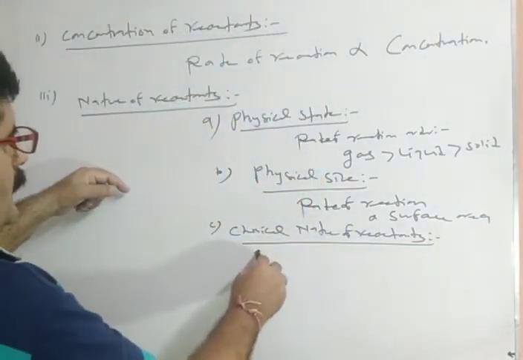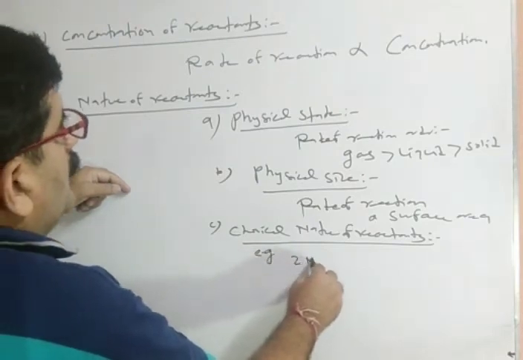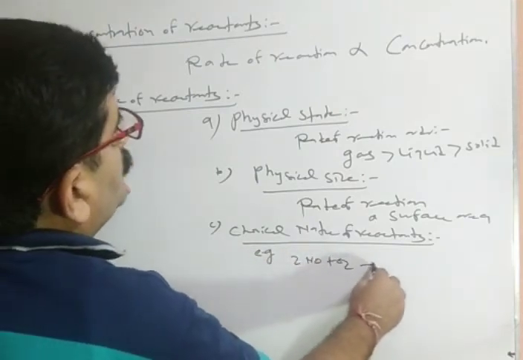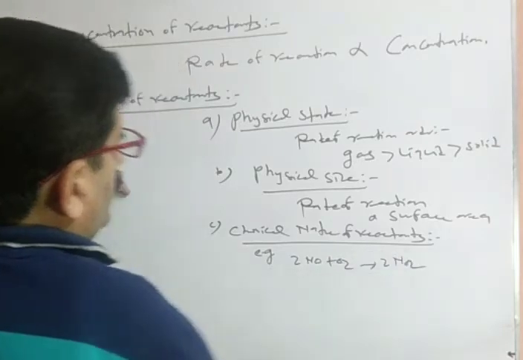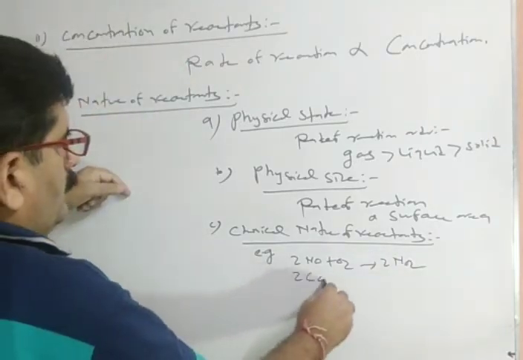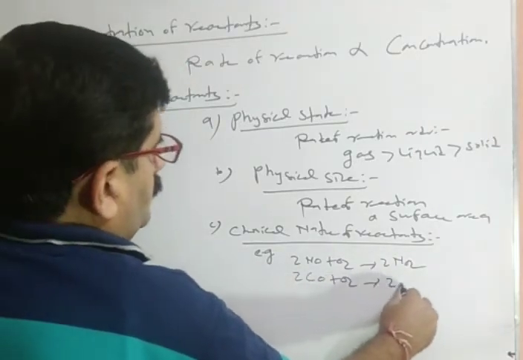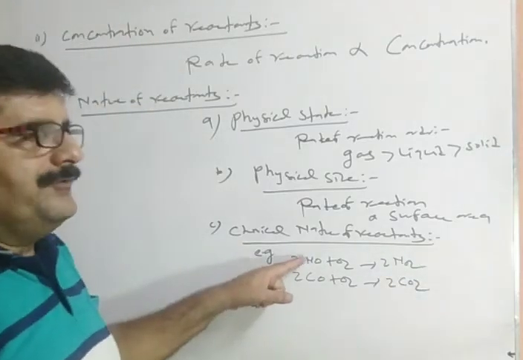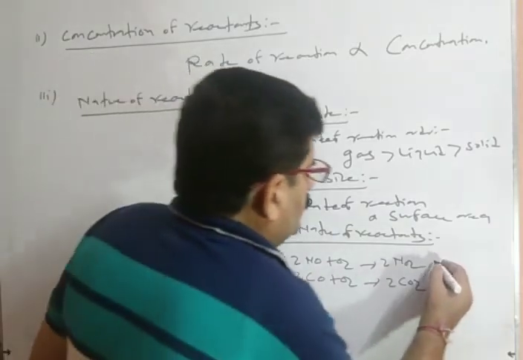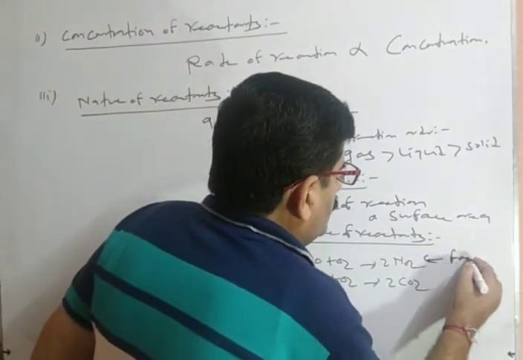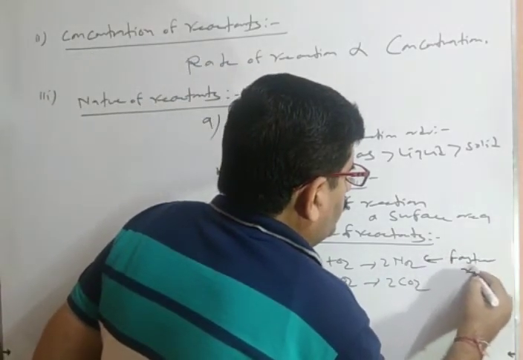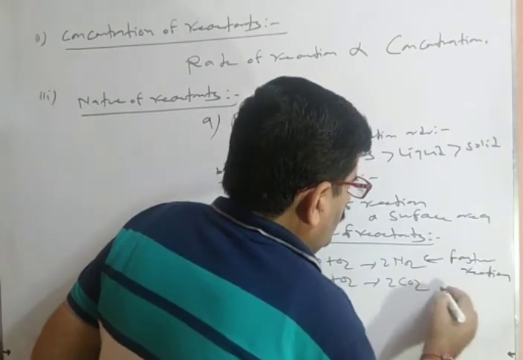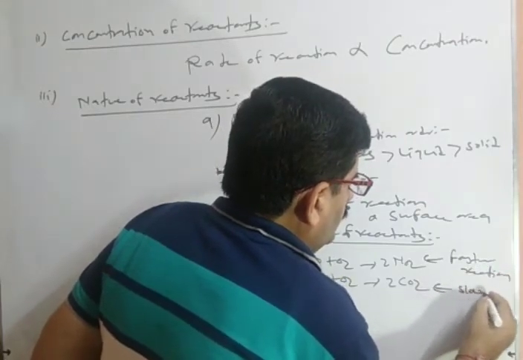Suppose 2NO plus O2 gives 2NO2, and the second one 2CO plus O2 gives 2CO2. This reaction becomes faster and this one becomes slower.